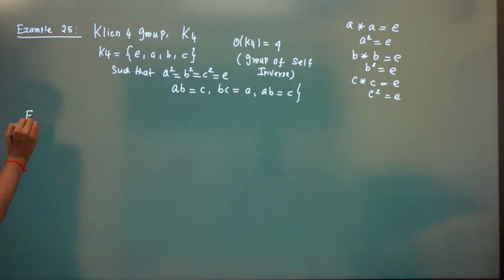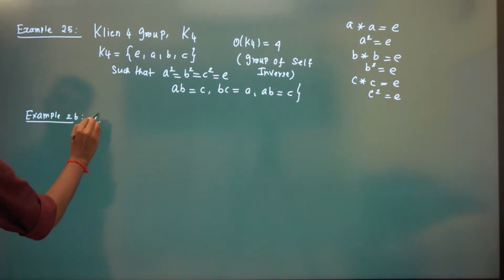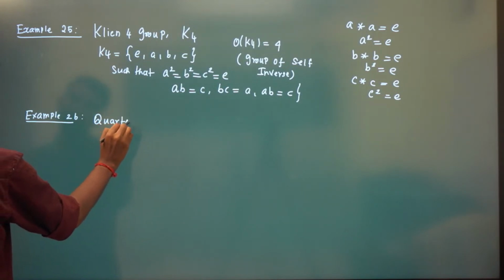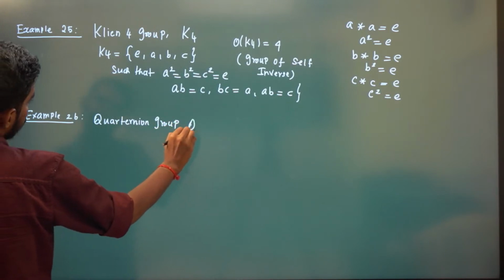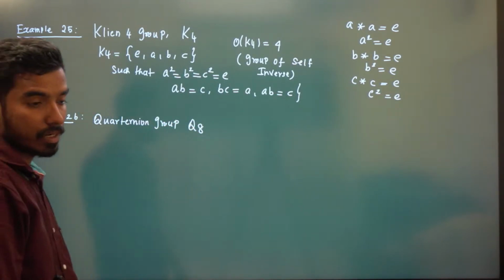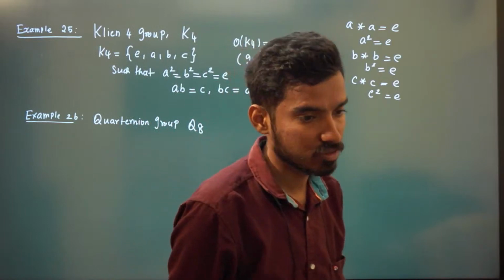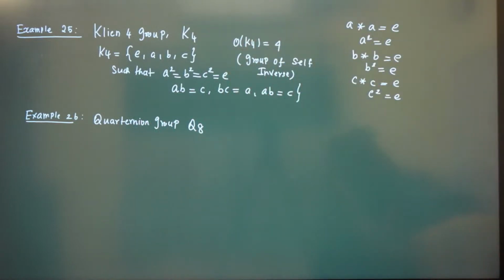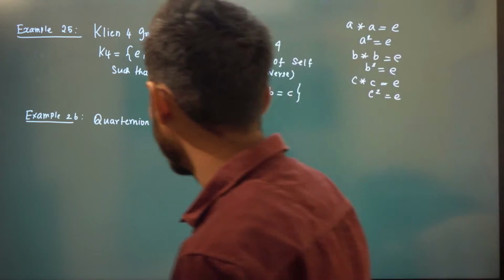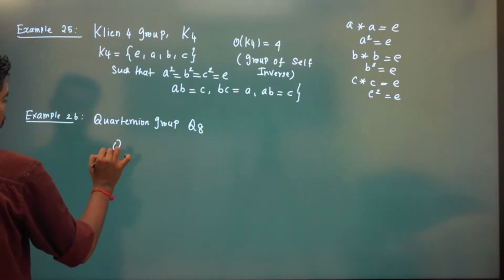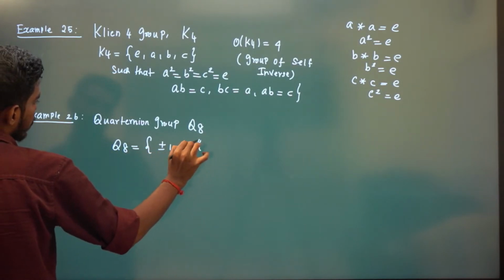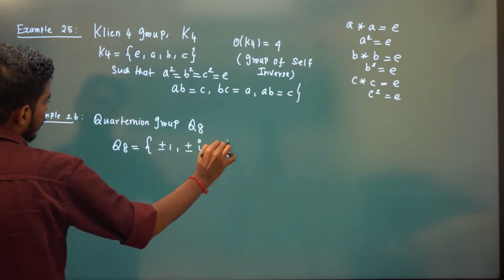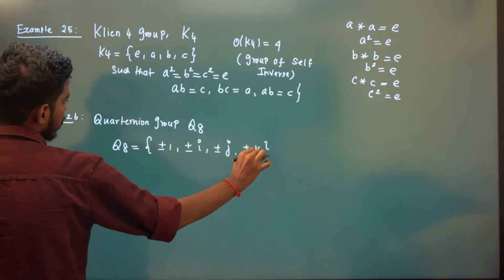Example 26. Quaternion group, Q8. Yeah, these two groups are very, very important, right? Just make a note of it, put a box around it, because we will be using these for many counterexamples. So Q8 consists of 8 elements: plus or minus 1, plus or minus i, plus or minus j, plus or minus k.